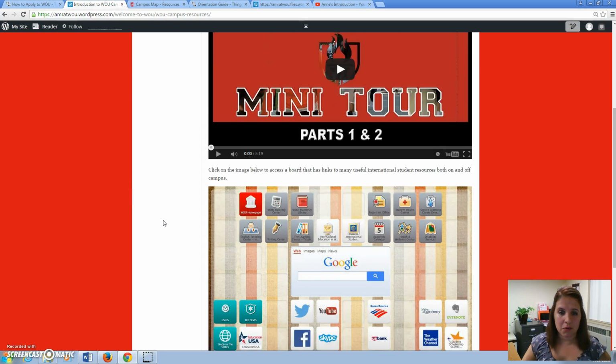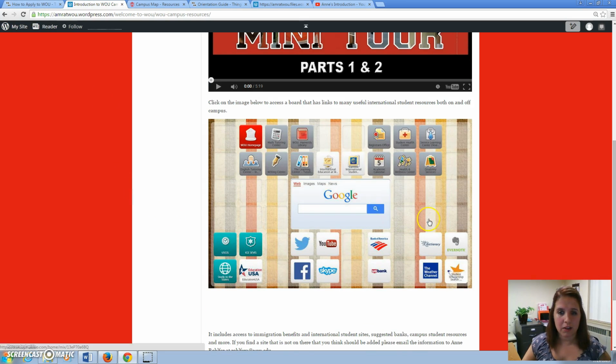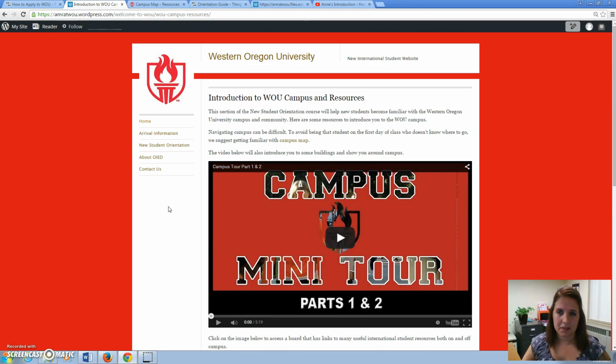After that, if students continue to go down, they can look at a symbol, which contains information about on-campus resources, immigration resources, communication tools, banking tools, and then some other interesting or useful information. I can't link to this through my WordPress site because I only have the free version. But the university uses the full version.